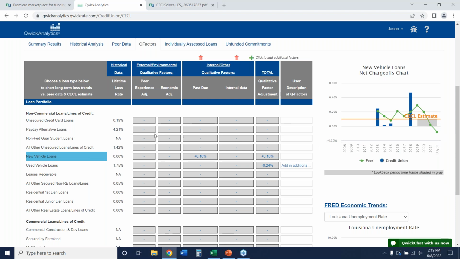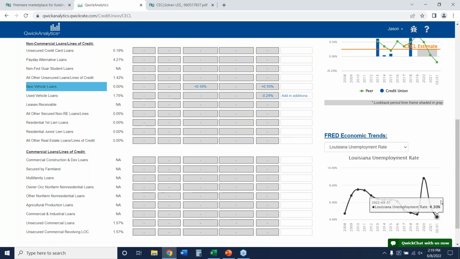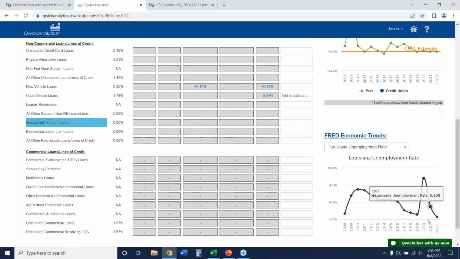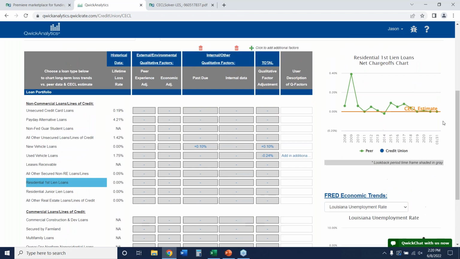Another big thing that the NCUA has talked about is trying to find some external or environmental factors to help you with forecasting. Something like the Louisiana unemployment rate, right? Look at this and see if the spike in unemployment rate here in 2020 correlated to losses in your portfolio. And if we're looking at this credit union here, when the unemployment rate spiked, they saw zero losses in mortgages.